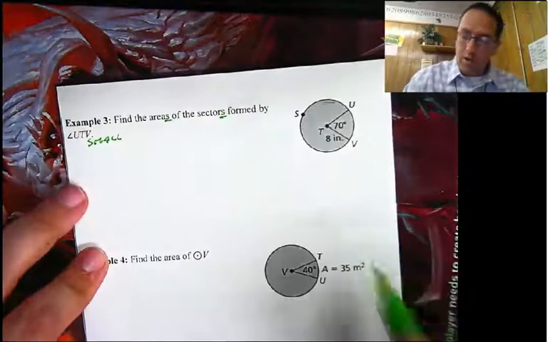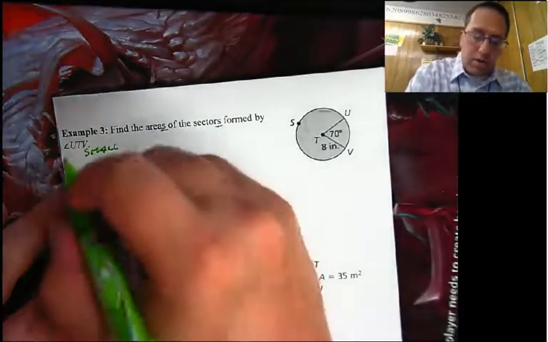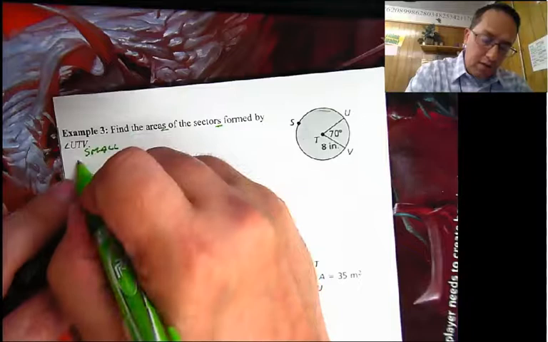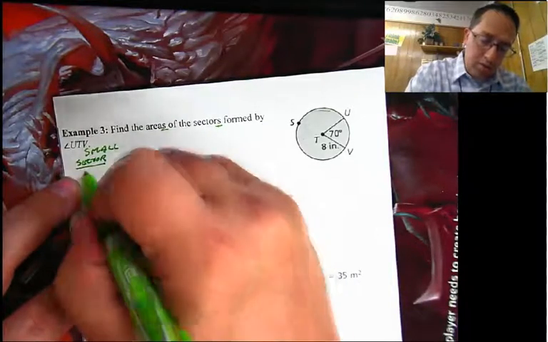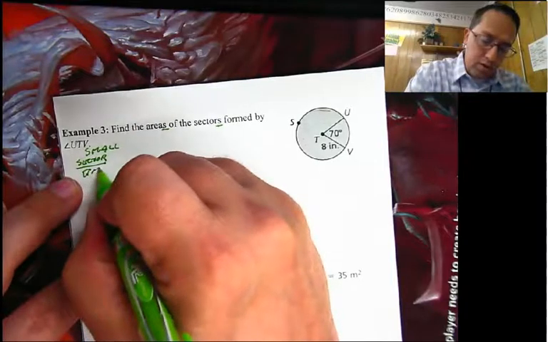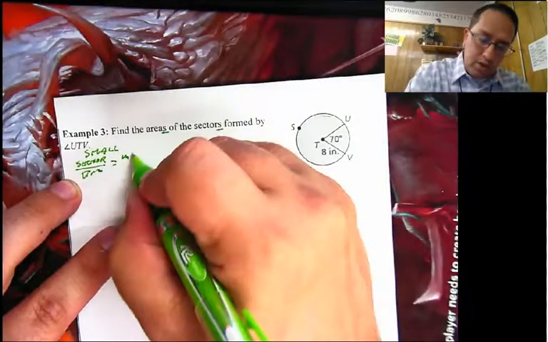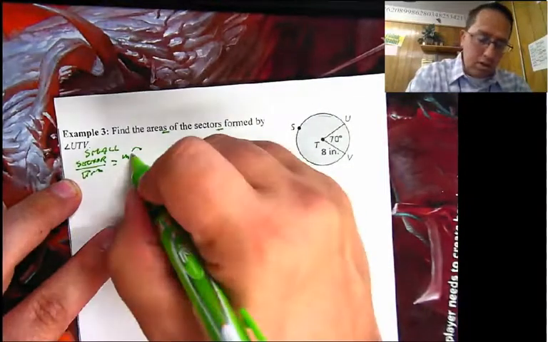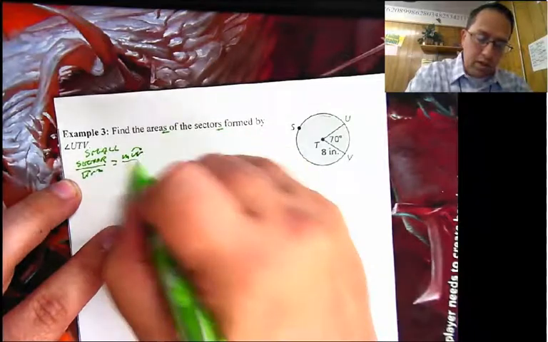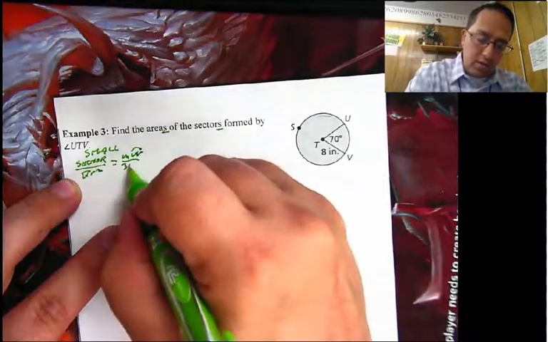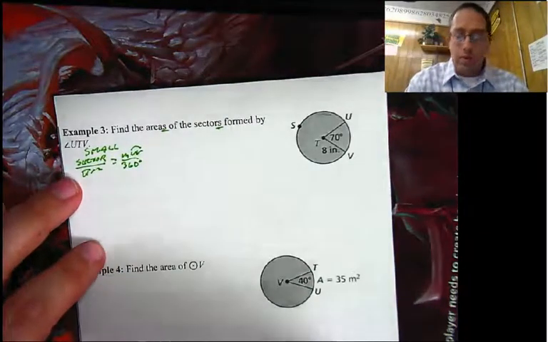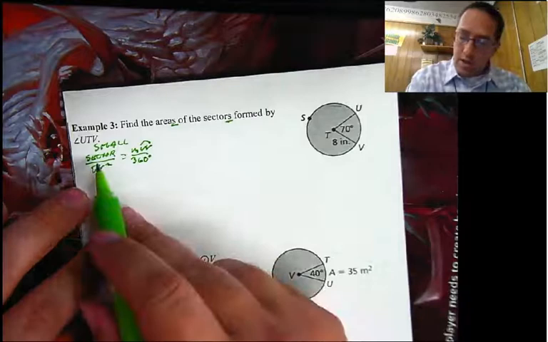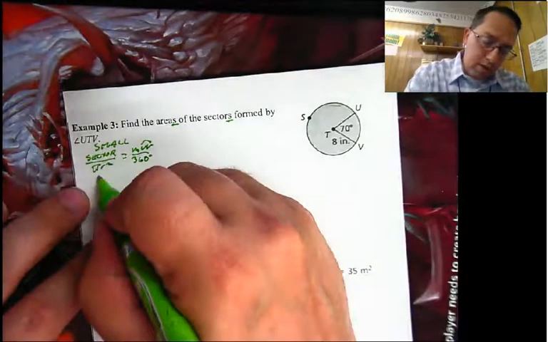Small sector. So our formula: we have the sector over pi r squared equals the measure of the arc, arc UV, over the entire thing, which is 360. Now we plug in what we know. The sector, I don't know, so I'm going to use x.